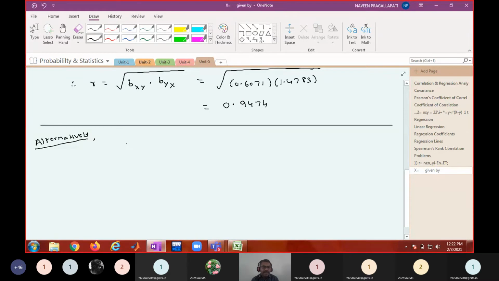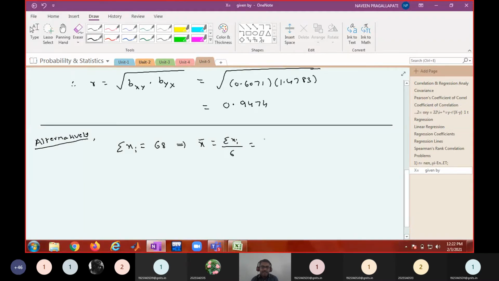What is sigma xi? Sigma xi is 68. That means what is x bar? Sigma xi by n. What is the number of values? 6.